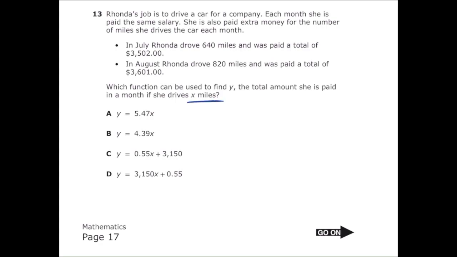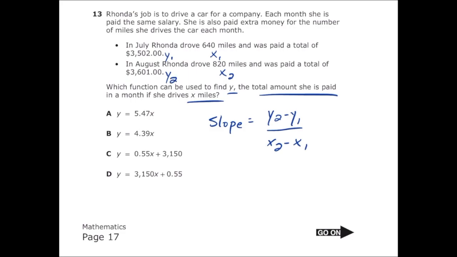Which function can be used to find y, the total amount she is paid in a month, if she drives x miles? So they tell us that x is miles and y is the total amount she is paid. So I'm going to go ahead and label each thing on the bullet points so that I know which one is x and which one is y. From there, I'm going to go ahead and find the slope. And I know that the slope is y2 minus y1 over x2 minus x1. And once I label my x and y values, I'm going to plug in my numbers.